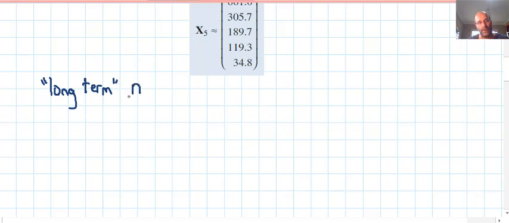When n is large, now again large is a little bit grey, but when n is large, you'll see that the population actually, the annual population or annual increase, or whatever the time period is, it could be quarterly if it's insects.